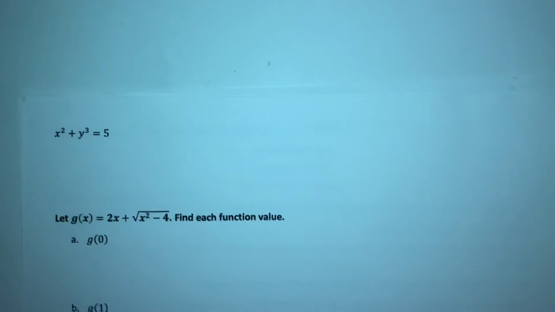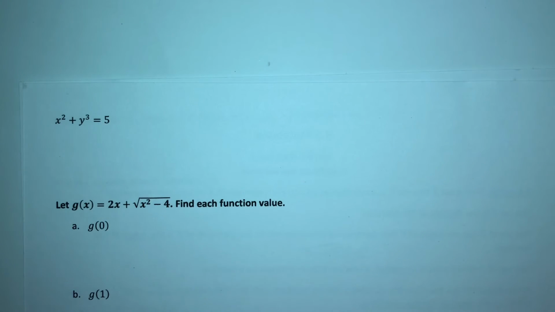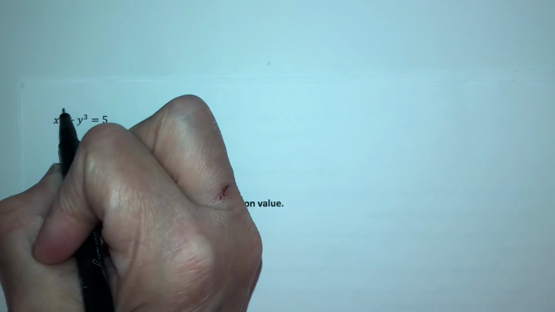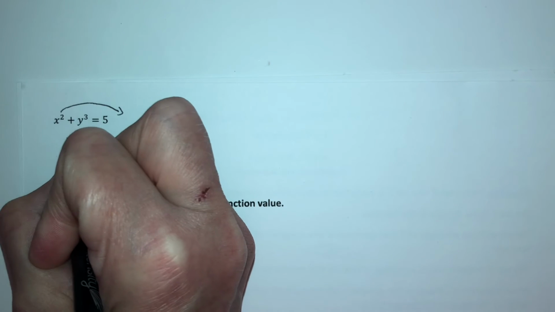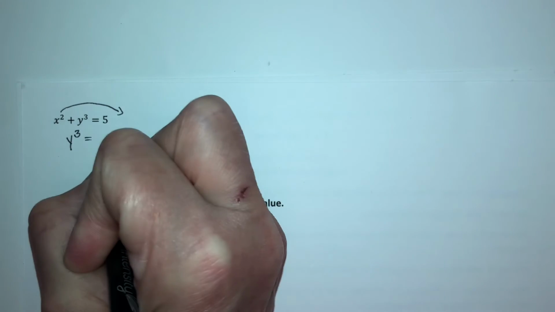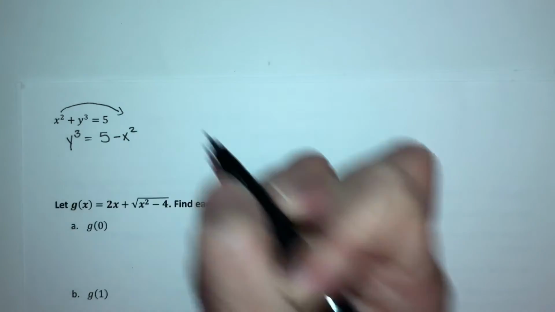Okay. Now let's look at this one. This is similar. x squared plus y cubed is equal to 5. So I want to solve for y. So I'm going to subtract x squared from both sides. And I get y cubed is equal to 5 minus x squared.